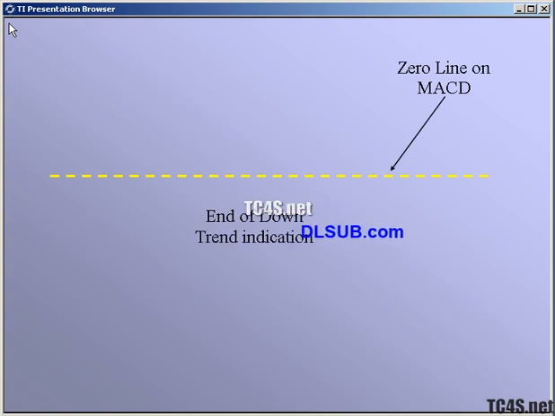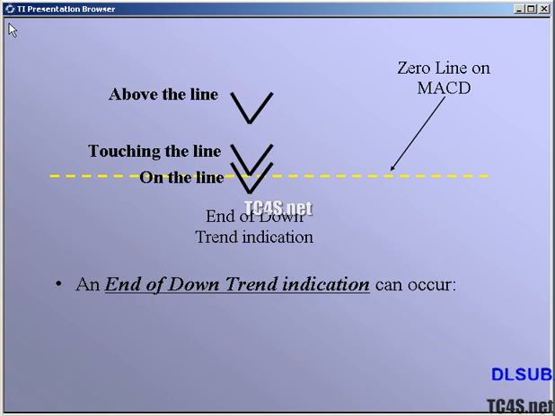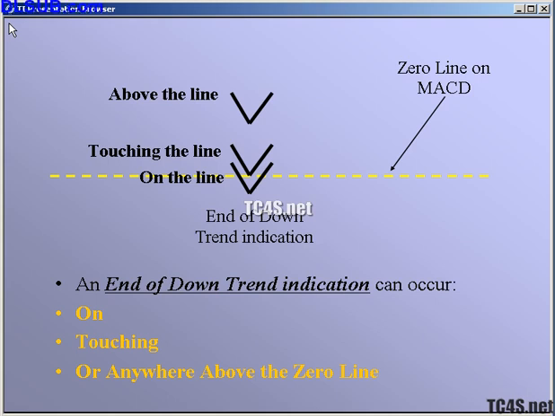For an end of the downtrend indication, we look for a V shape on the MACD, and it can occur on our zero line, as in this example. It can be touching our zero line, or it can be anywhere above the zero line. Again, they can occur on, touching, or anywhere above the zero line.